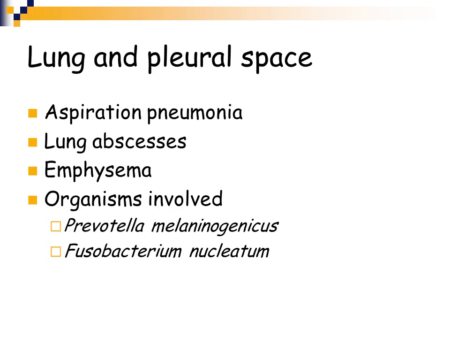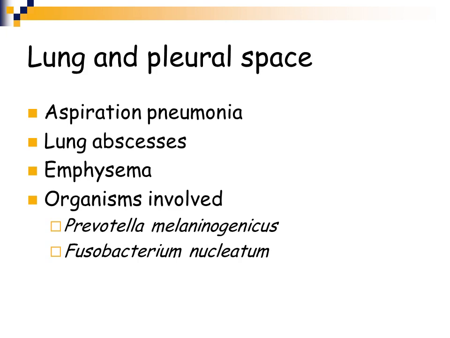Lung and pleural space infections, you can get aspiration pneumonia. Now, we've discussed aspiration pneumonia before with our facultative organisms. Commonly, aspiration pneumonia is caused by our Enterobacteriaceae family members, but you can occasionally get a polymicrobic or anaerobic infection.